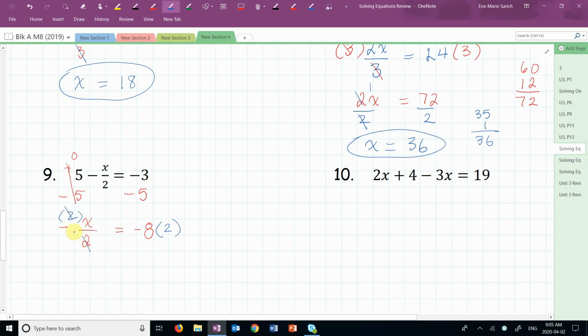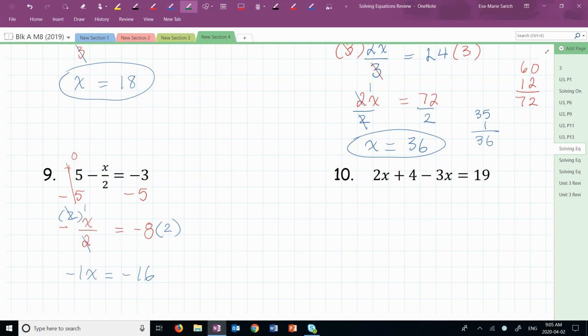2 divides by 2 to give you 1. Now, the tricky part is we have negative 1x. Can't ignore that negative sign. And then on the right, we've got negative times a positive is a negative. 8 times 2 is 16. Now, this isn't the solution yet, because we need x all by itself. We can't have a negative 1 in front of it.